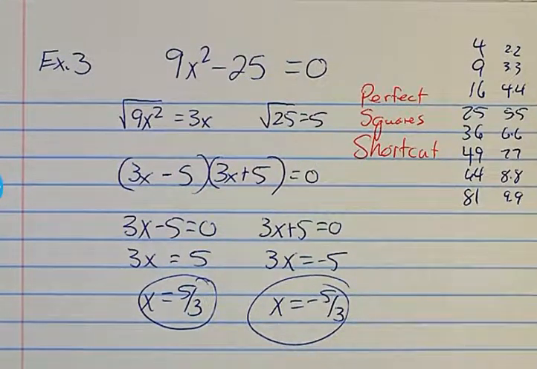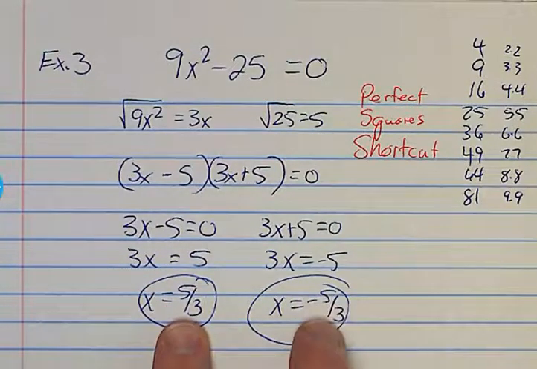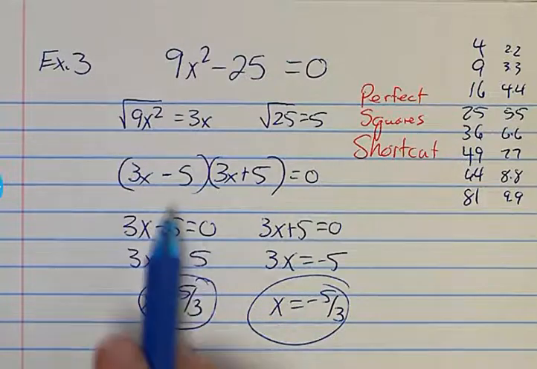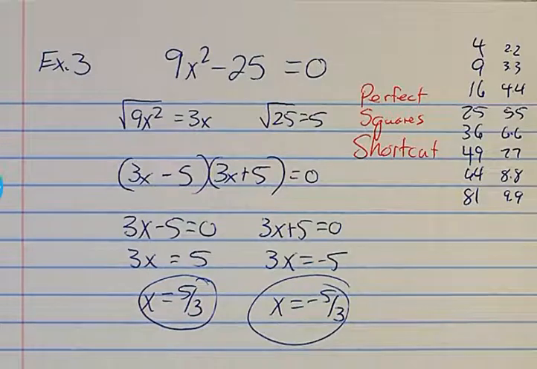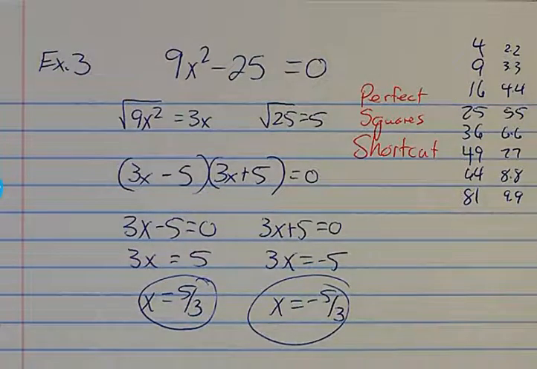And with the perfect square shortcut on two terms, it's always going to be the same two answers where one's a plus and the other's a minus, because that's the only difference in the two parentheses: one has a negative and one has a positive. So that's the only difference in the answer. Anytime you've got two terms, that's the shortcut you're looking for, that it could possibly be there.